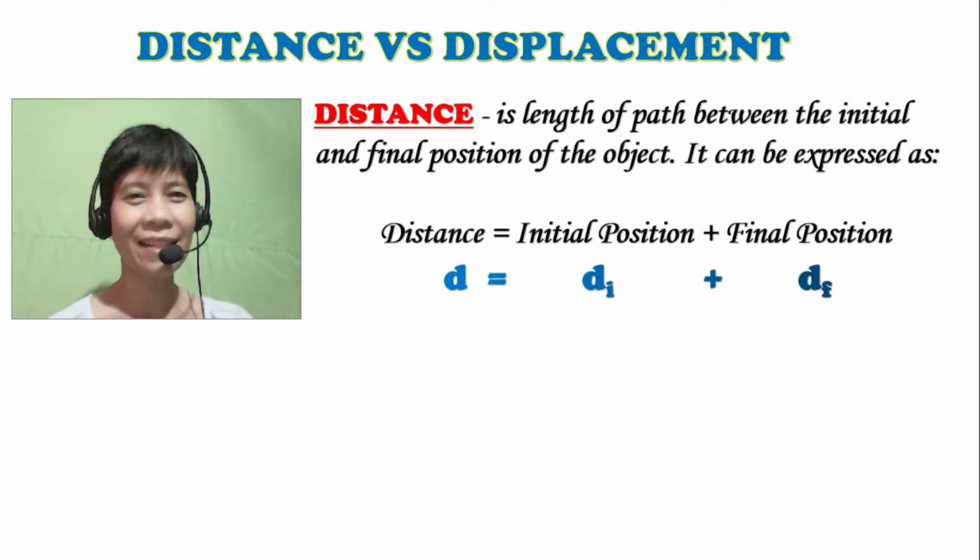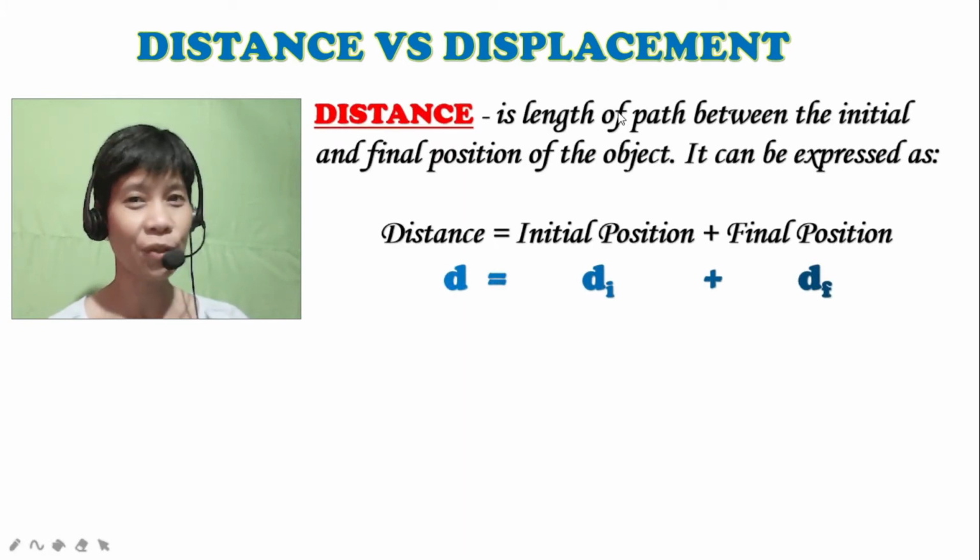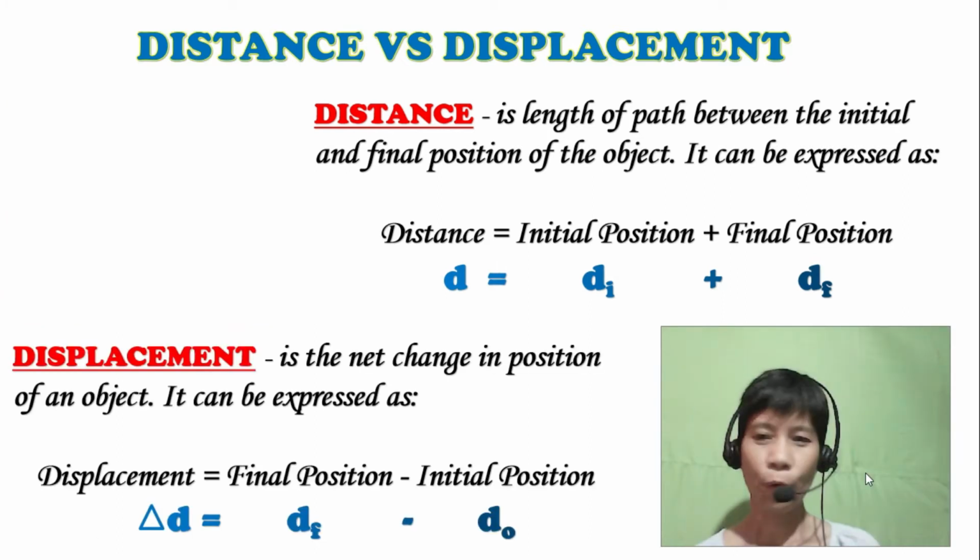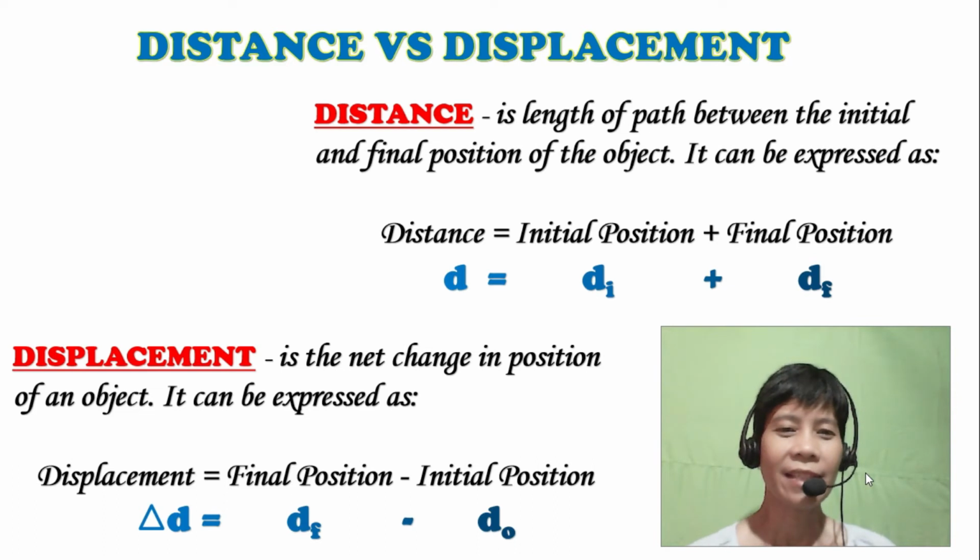Now let us summarize distance versus displacement. When we say distance, it is the length or path between the initial and final position of the object. It can be expressed as distance is equal to initial position plus final position. So D is equal to di plus df. So this is the formula for the distance. For the displacement, it is the net change in position of an object.